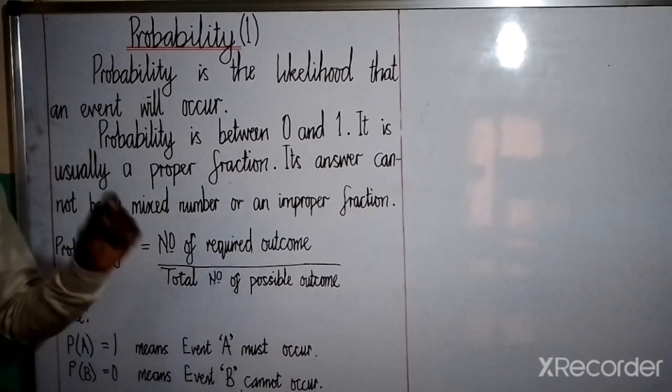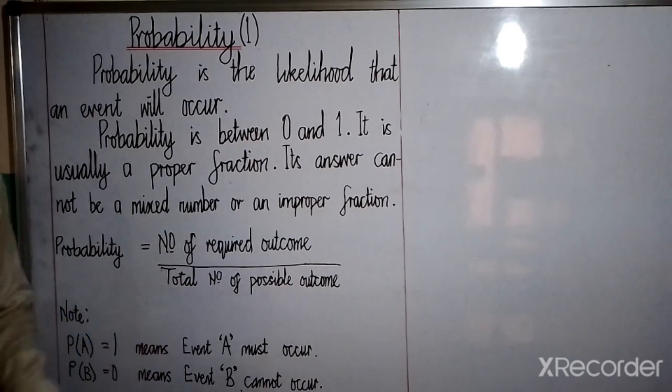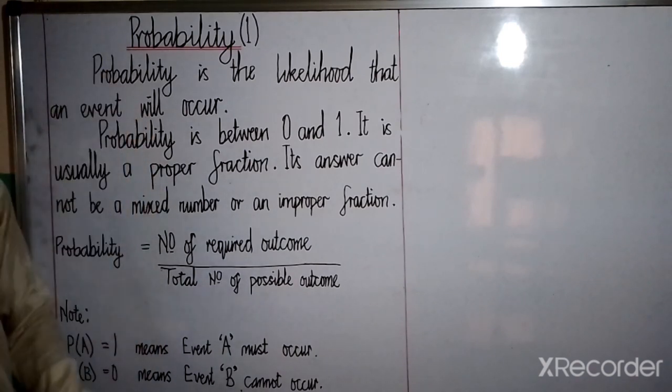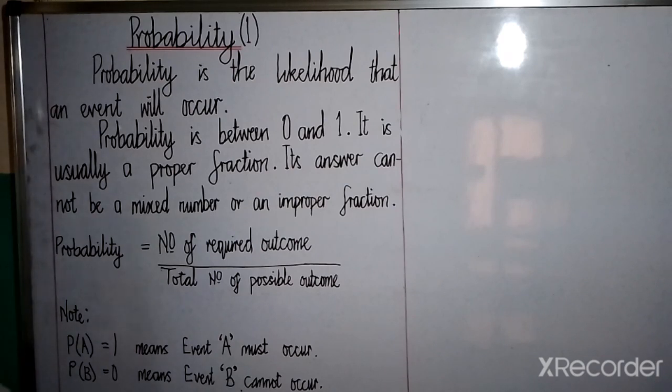Here in Nigeria, we are very sure that the sun will come out today. So the probability that the sun will shine today is 1. And of course, it is not possible for a rat to be bigger than a human being. So the probability that a rat will be a human being is 0.